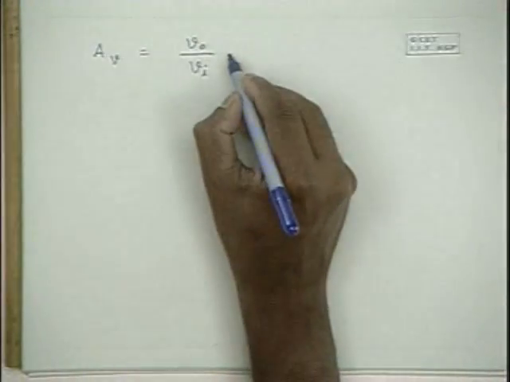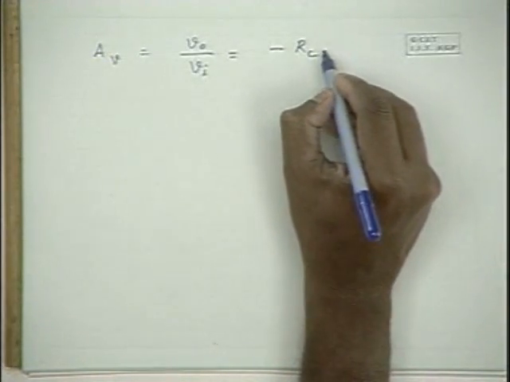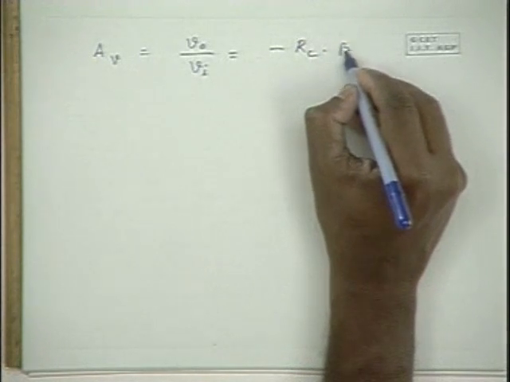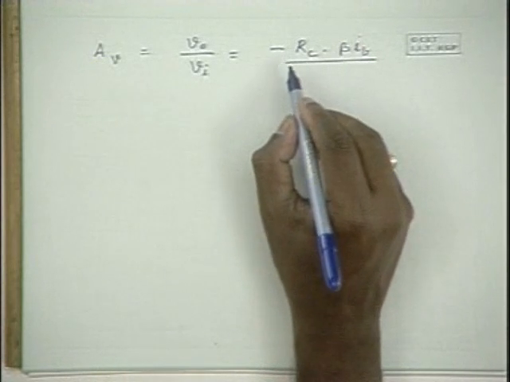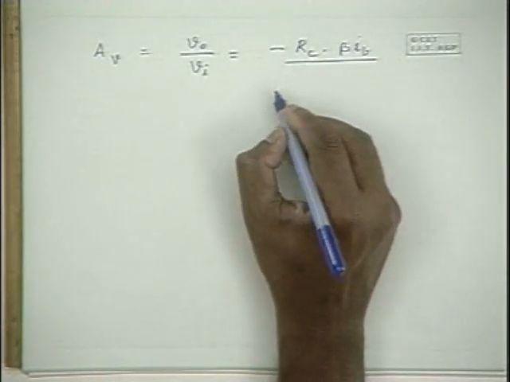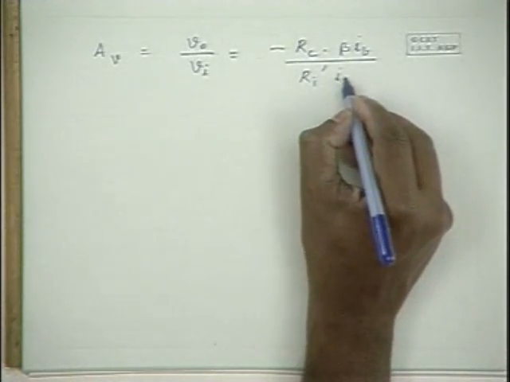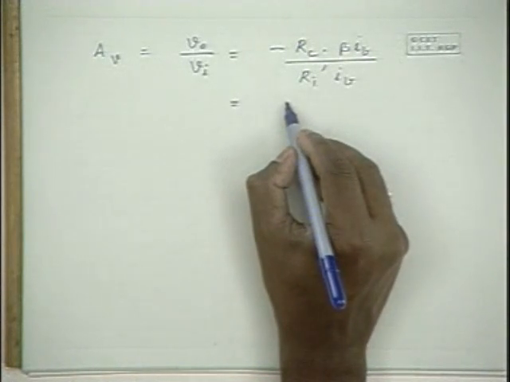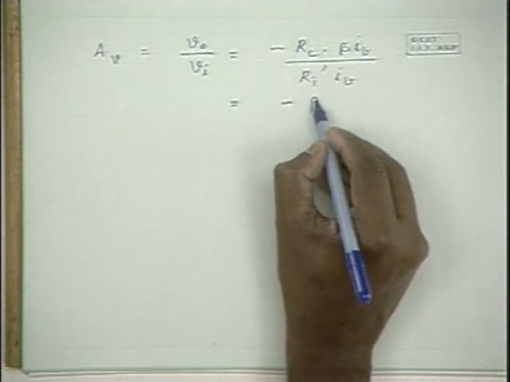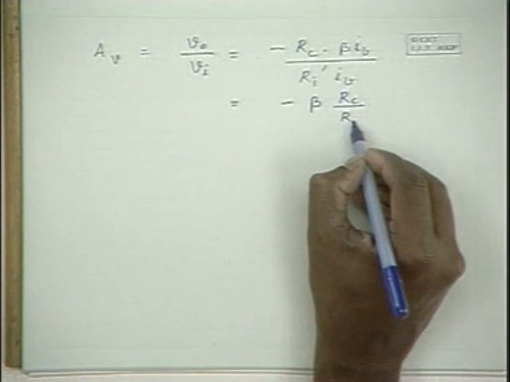Therefore you get minus RC into beta IB, divided by Vi. Vi is Ri dash into IB. Therefore this is equal to minus beta RC by Ri dash.